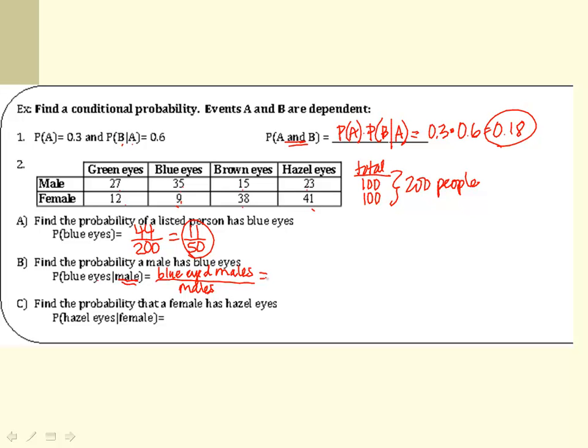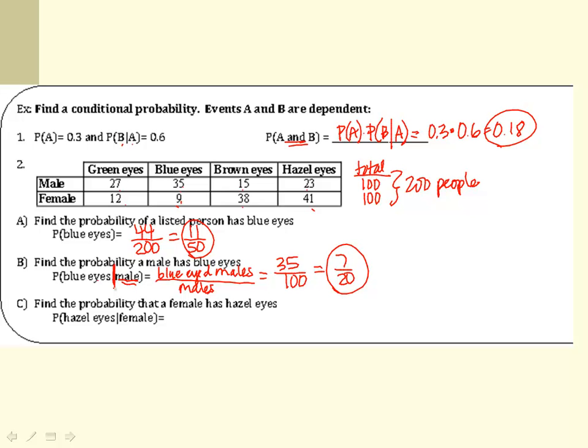So I have 35 blue-eyed males out of the total 100 males that I have. This can be reduced to 7 out of 20. If you see this affected by, what that means is we're limiting the population that we look at.